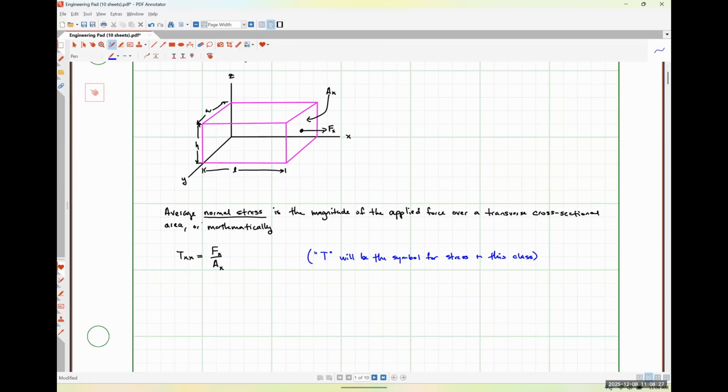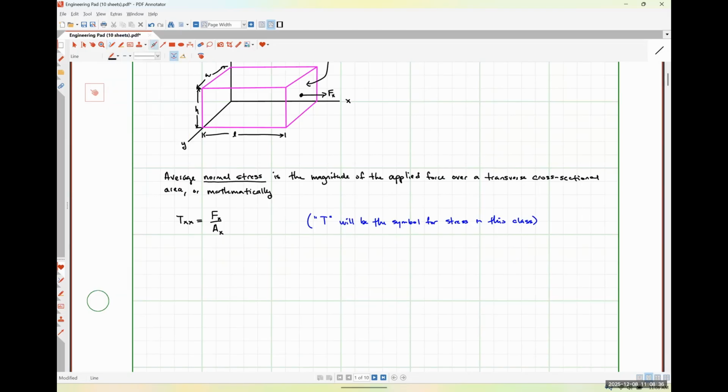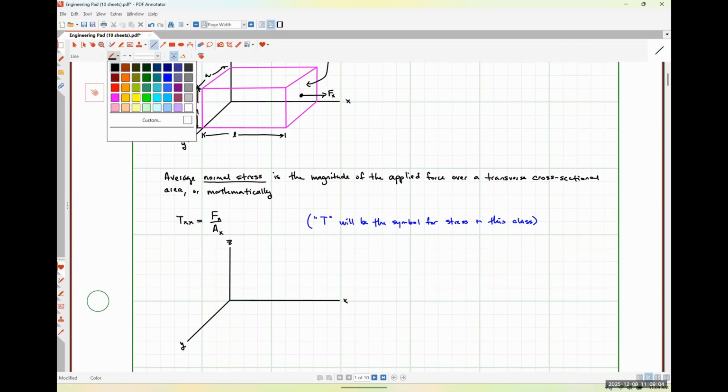To contrast that, I want to talk now about shearing stress, which is going to require another picture. So give me a moment to come up with that real quick. Don't want to be mean and just copy paste because that pisses you guys off. So same basic directions, X, Y, and Z. Hopefully a relatively same basic box.